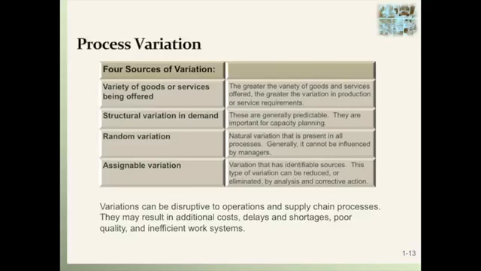These are generally predictable, and they're important for capacity planning. So for example, you know that there's going to be high demand around lunch, there's going to be high demand around supper time. Between lunch and supper, it'll be low demand. Late in the evening, there'll be low demand.